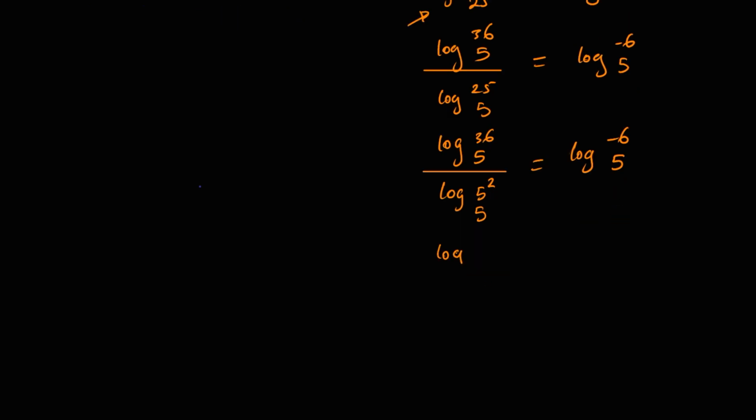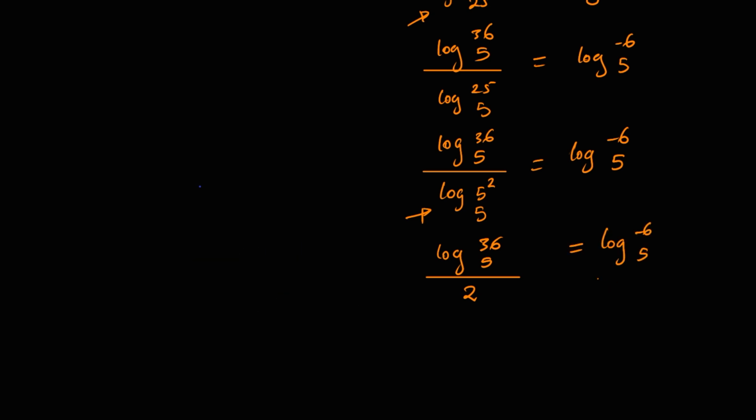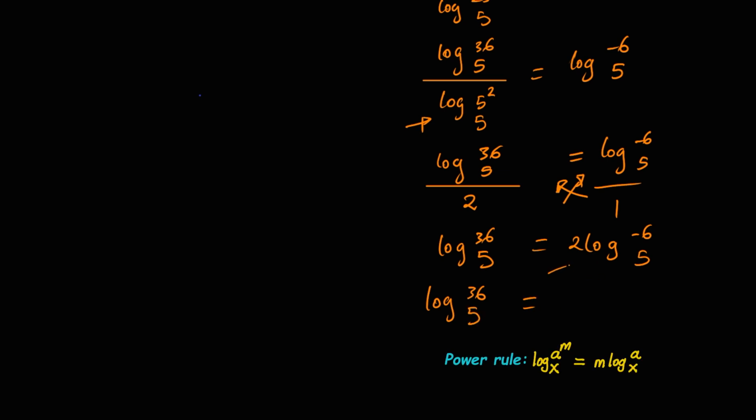This becomes log of 36 to base 5 divided by, on applying power rule and identity rule, 2 equals log of -6 base 5. On cross multiplication, we have log of 36 base 5 equals 2 log of -6 base 5. And this will become log of 36 base 5 equals, on reversing the power rule, log of (-6) squared base 5.